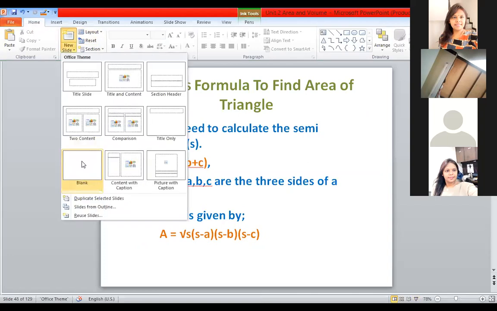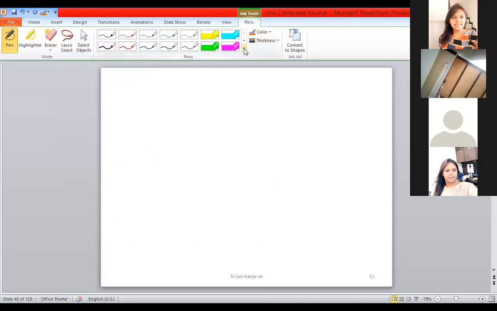Now, I will give you some examples. If you have such a triangle, this is ABC.